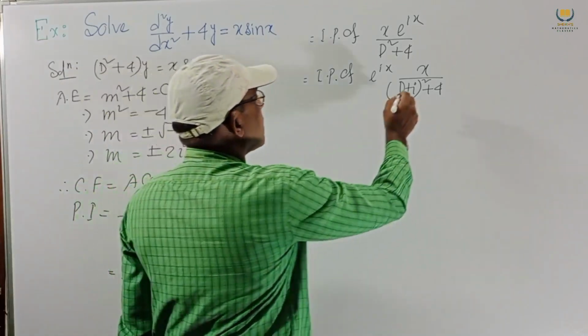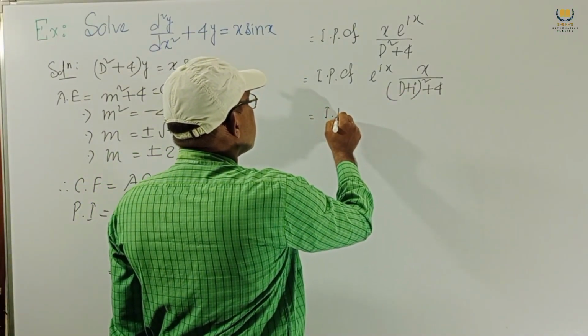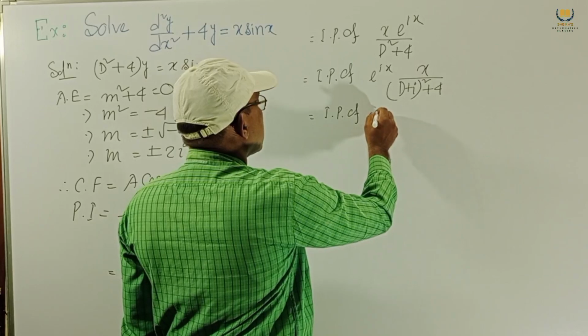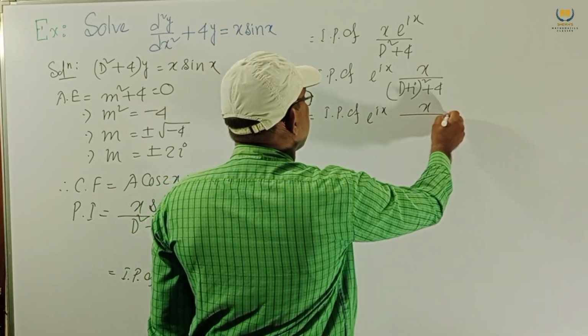Now this will be the imaginary part of e to the power ix times x by D² + 2Di + i² + 4.